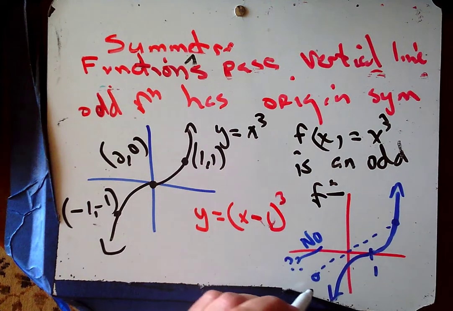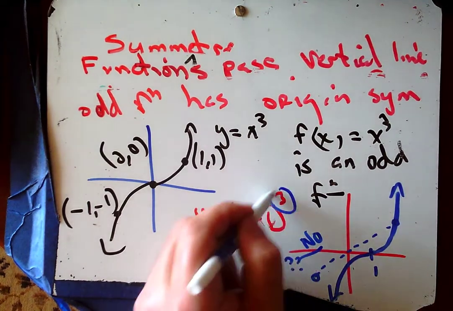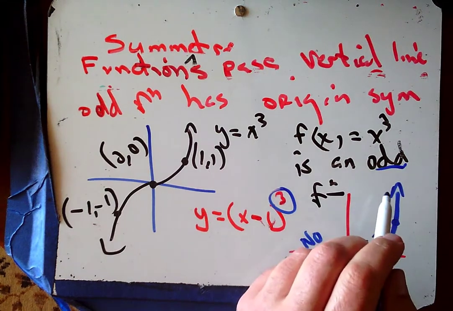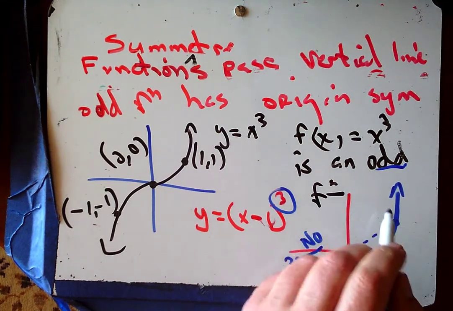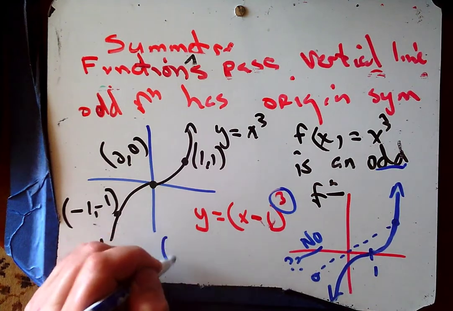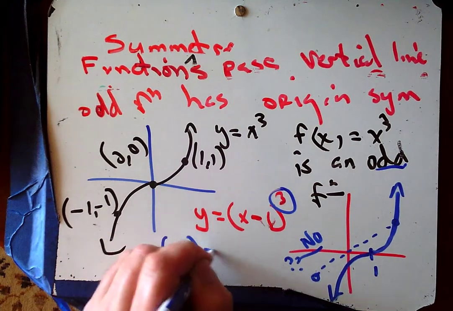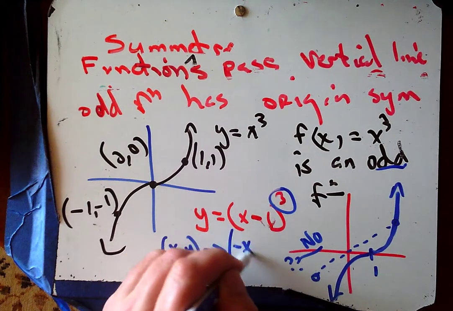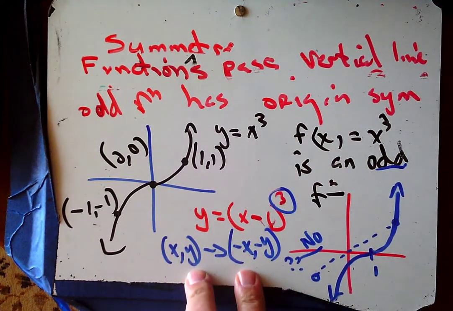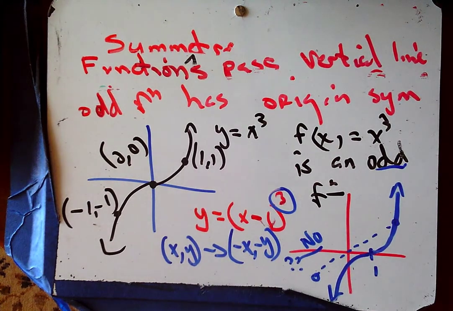No. So not every odd power is going to be an odd function. What determines odd functionness is if you see origin symmetry. If you see an ordered pair xy and its friend negative x, negative y, that's the sign of origin symmetry. So that's the sign of an odd function.